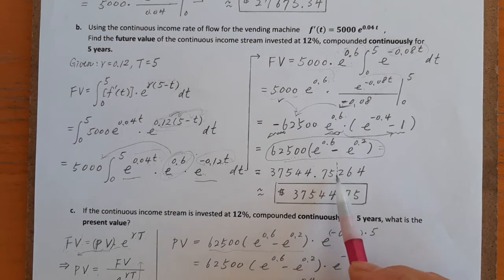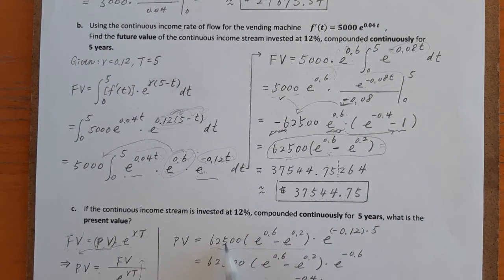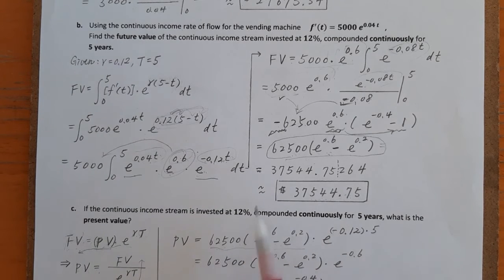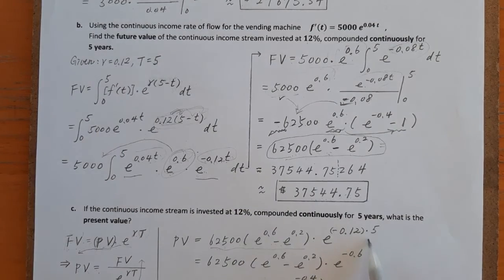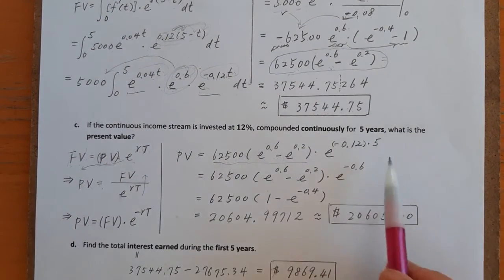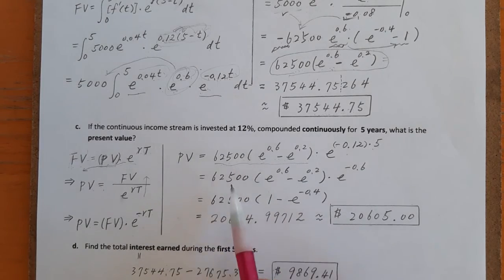Before rounding, don't use this because this is after rounding. If you put it in here to calculate, the final answer will not be that accurate. So use exact values. This one, which is the future value, times e to the power negative R, where R is 12%, 0.12, and capital T is 5. This one times this, e to the power negative RT. So use this formula.